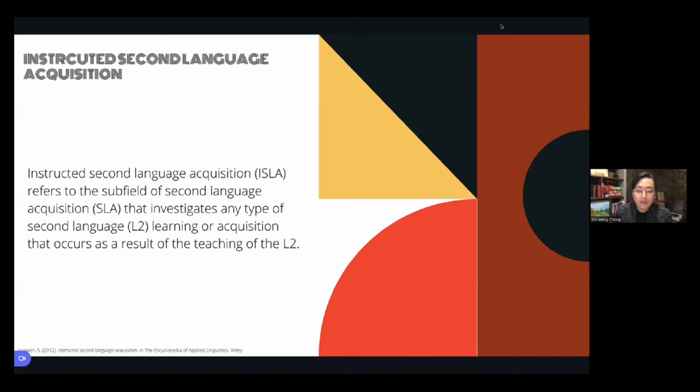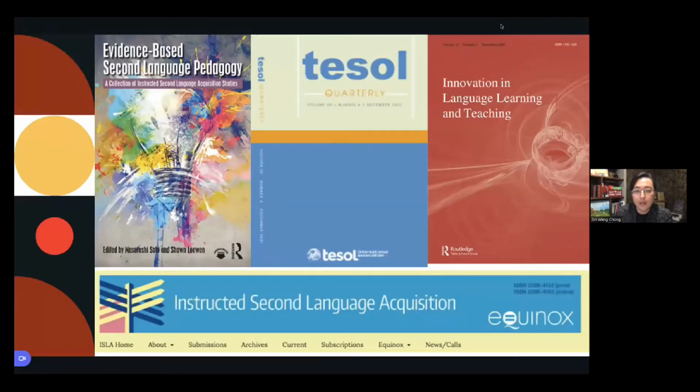And in fact, if we look at instructed second language acquisition, it's a whole subfield of SLA that is devoted to investigating interventions or practices of how language is acquired or learned in an instructional setting. So there is a lot of attention in research that practitioners need to be involved, and research findings need to be relevant to practitioners.